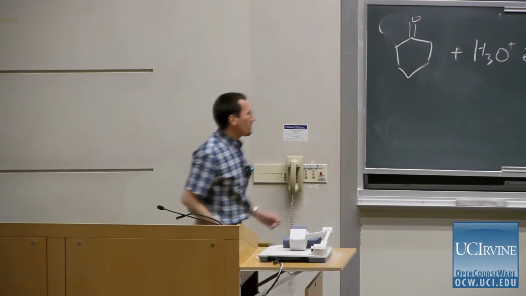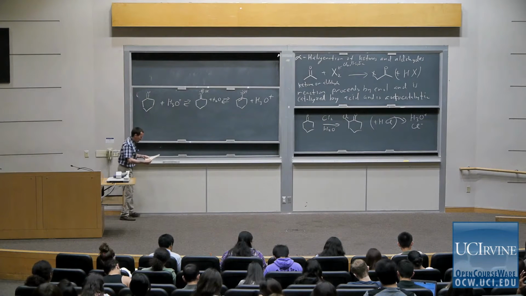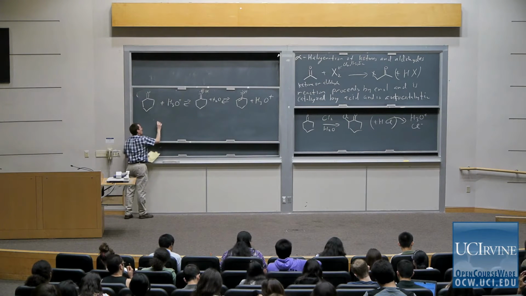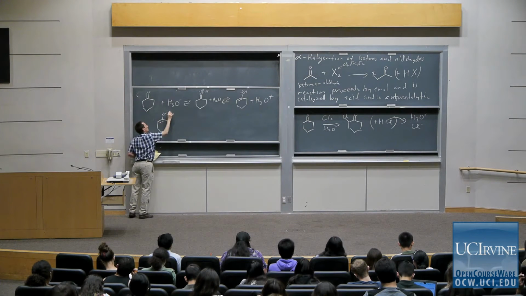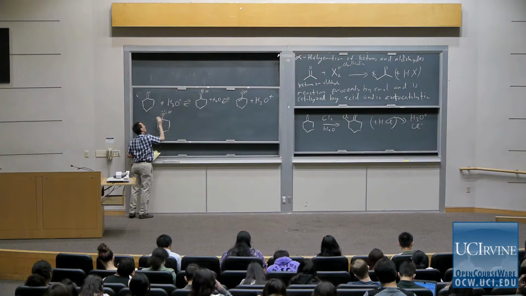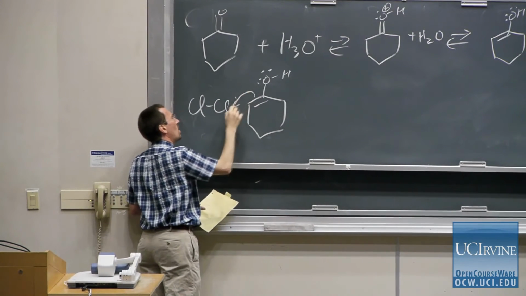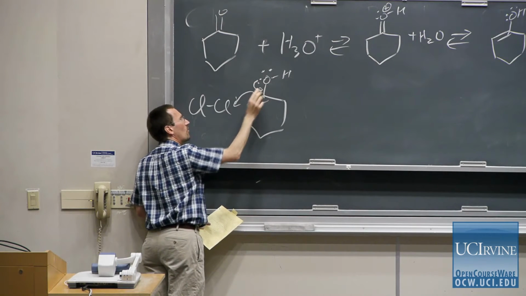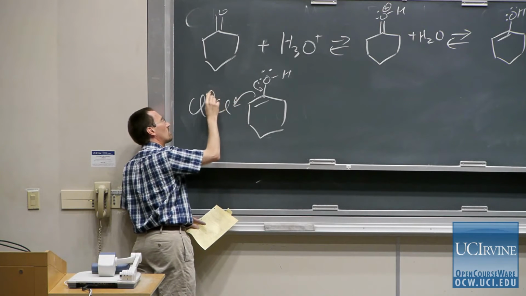But that's okay because it's going to keep getting regenerated under the acid catalysis as soon as you use it up. So our enol is nucleophilic on the alpha carbon. Here's our chlorine. I won't draw all the lone pairs of electrons on the chlorine, but electrons flow from the oxygen down. They flow from the double bond to the chlorine.